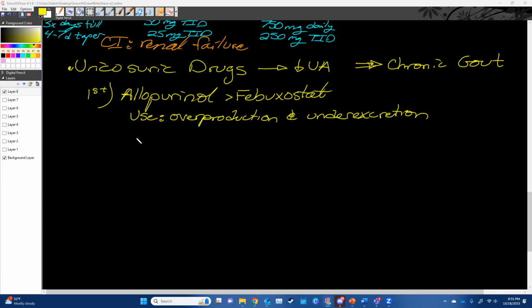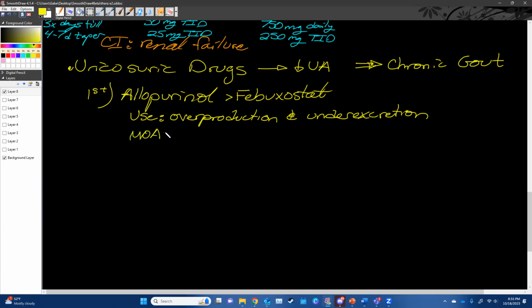What these drugs are doing is, as you guys have pointed out, they're xanthine oxidase inhibitors, which means that they are preventing the production of uric acid.